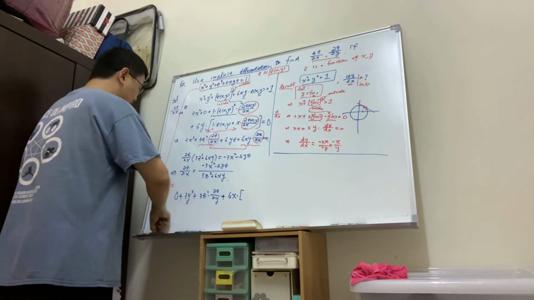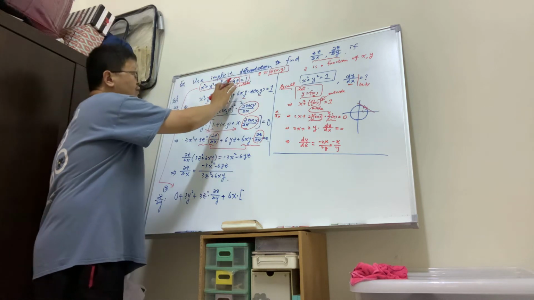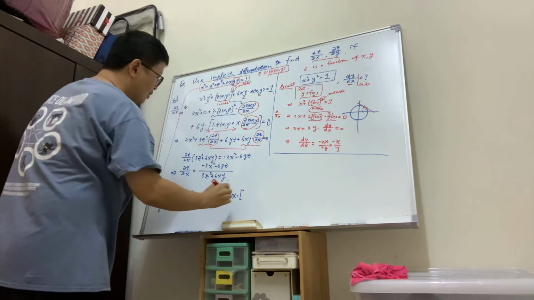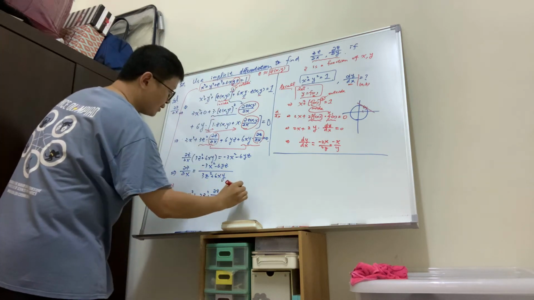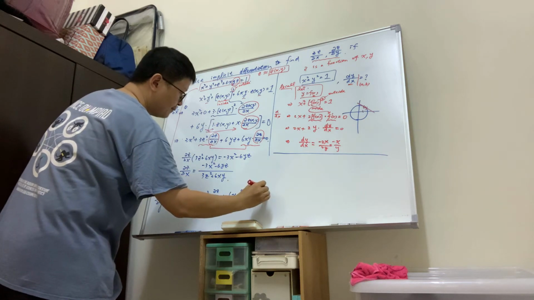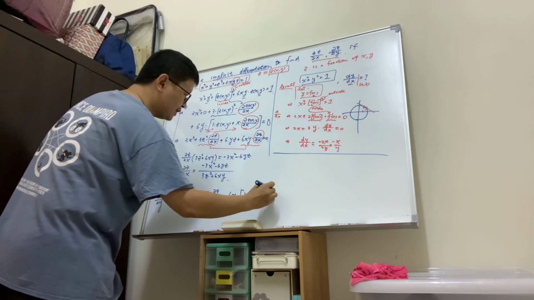It's a product of two functions, y and g, both of which depend on y. So product rule: first term's derivative 1 times g plus y times partial g partial y. This one equals 0.